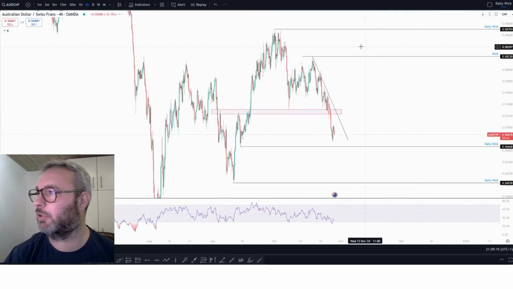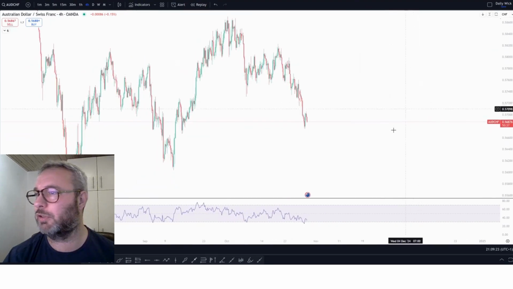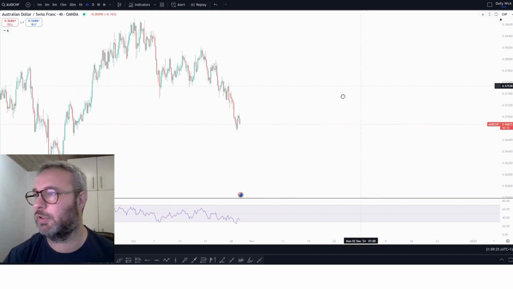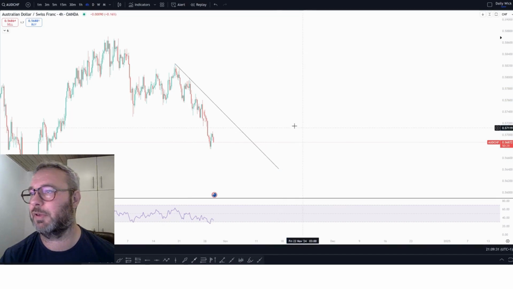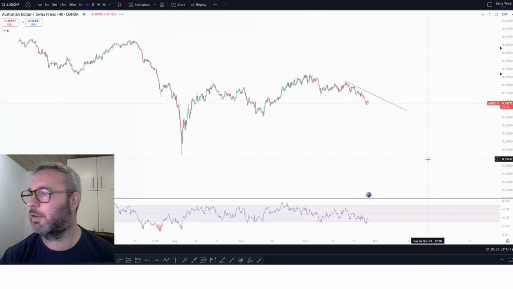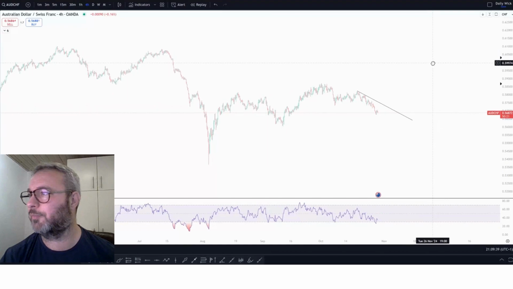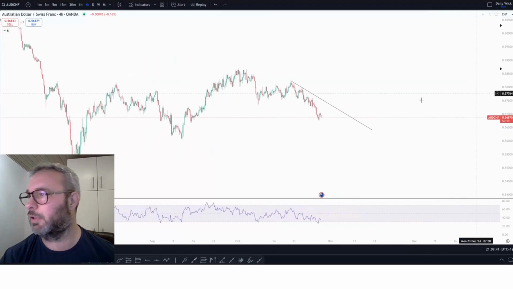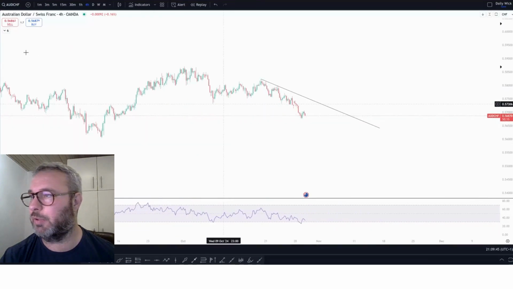Next one, AUD CHF. I remove everything. So what do we have? Let's start with the trend line. One here. And where is the first resistance area? That's here.